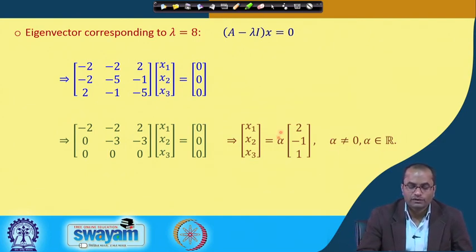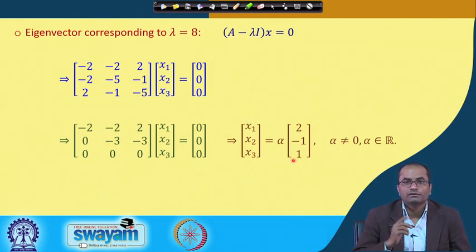We can take any real number here. So, for any alpha not equal to 0, these are the eigenvectors, and basically the dimension of this eigenspace is 1, or in other words we got only one linearly independent eigenvector, which we can take, for instance, as 2, minus 1, 1. That is the only eigenvector which is linearly independent.